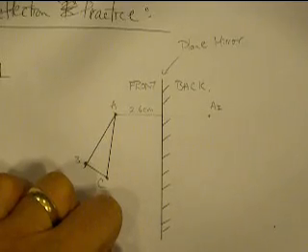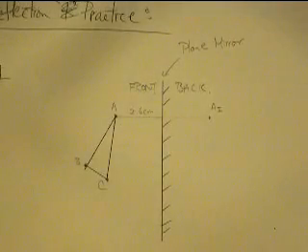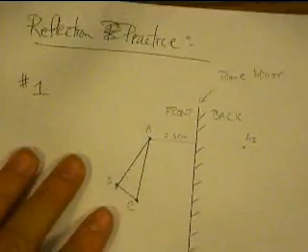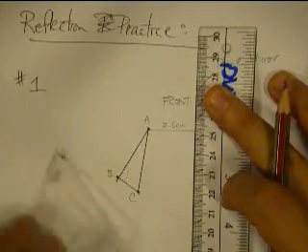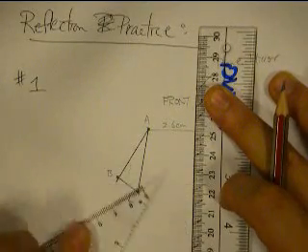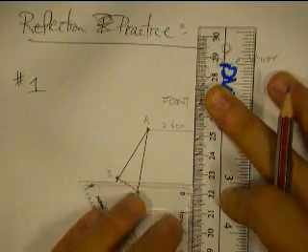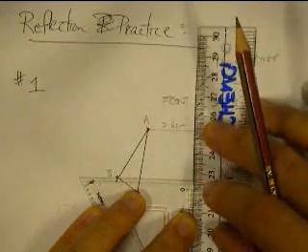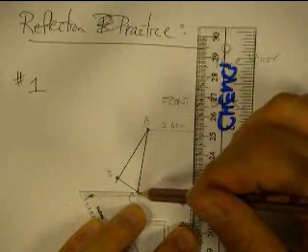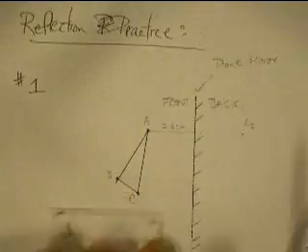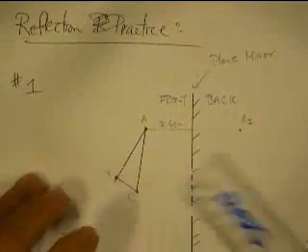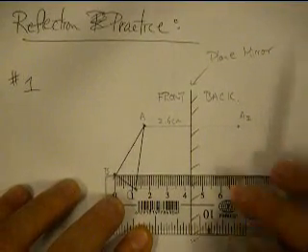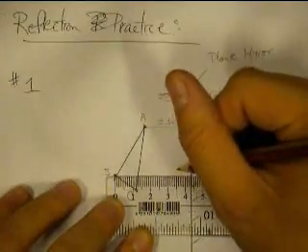I stands for image. Now you do exactly the same steps, and I'll do it very quickly. Draw the straight perpendicular line. Find the measurements. This is 4.3.